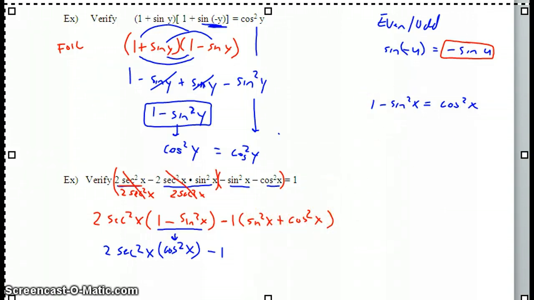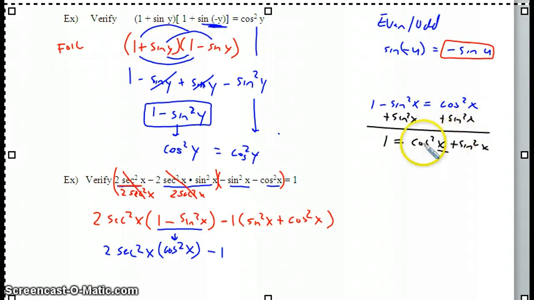Well, we go back up here and manipulate this identity a little bit, or we could look at our sheet and it's already manipulated for us. If I move this over, I can show that just by moving the sine back over to this side, sine squared plus cosine squared, if I add those together, which is what I have here, is the same thing as a 1. So I can replace all of this with the 1.